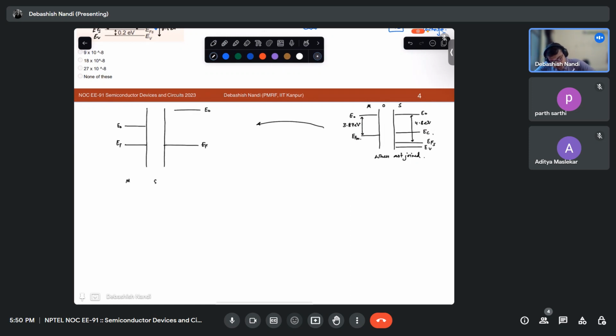This is metal, oxide, and semiconductor. Somewhere here you will have your EV, and somewhere here your EC. So obviously the bands will start to bend. This will be your potential profile.